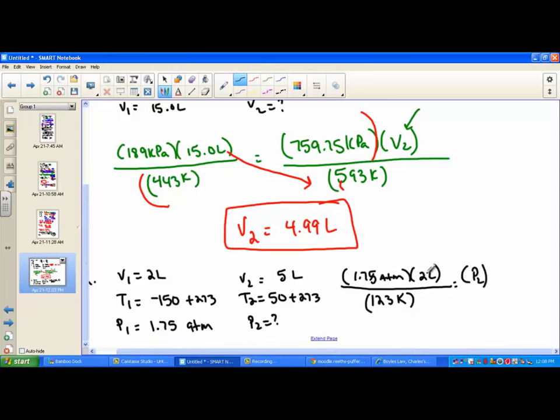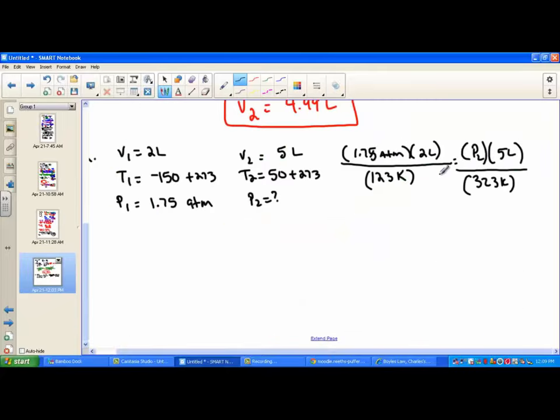Now look, P2 is our target. P2, since we put in an atmosphere, we'll get out an atmosphere, and that's going to be fine because it doesn't tell us otherwise. We get to select the unit. Might as well pick the unit that matches. The V2 is 5 liters, and the new Kelvin temperature is 50 plus 273, which is 323 Kelvin.